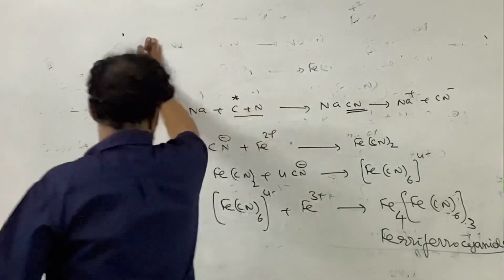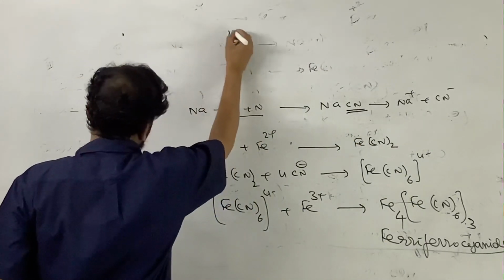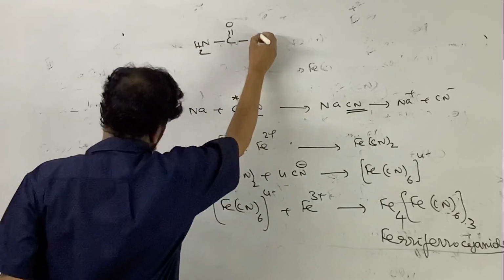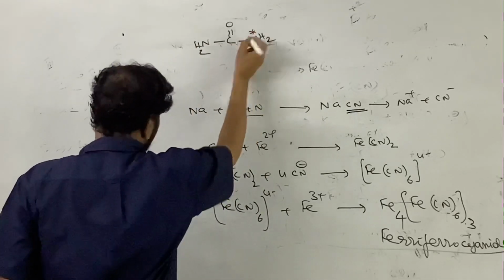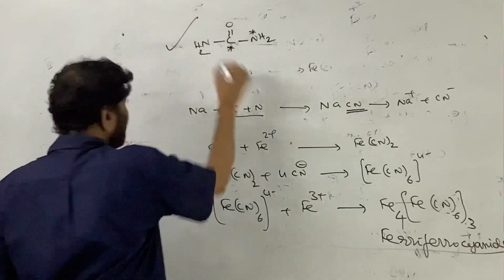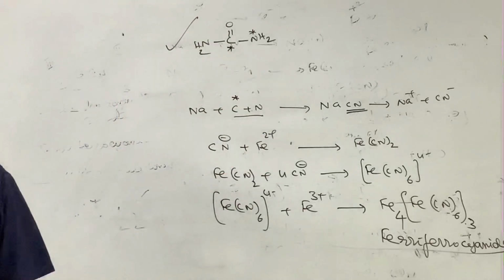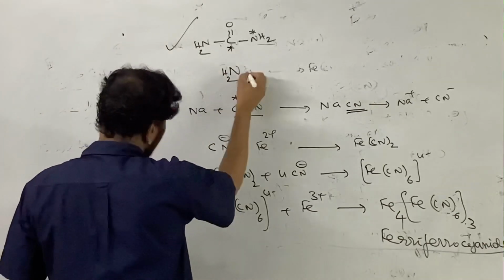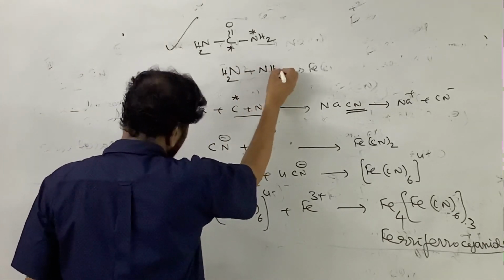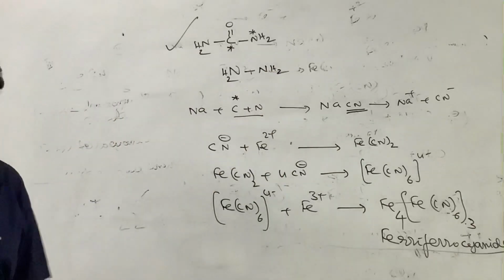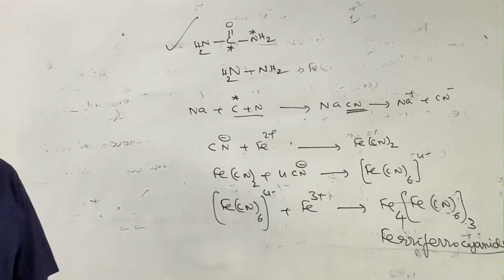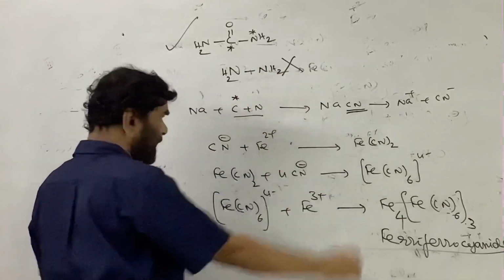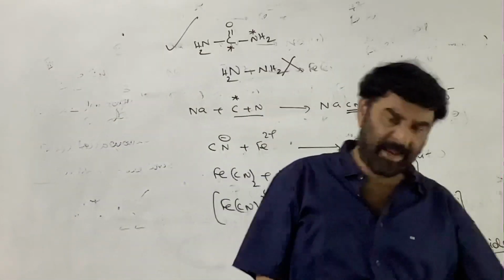So if you take urea, CO(NH2)2, this contains nitrogen as well as carbon, therefore it gives the Lassaigne's test. If you take hydrazine, the well-known example, hydrazine is a nitrogen containing compound, but it cannot give the Lassaigne's test for nitrogen.